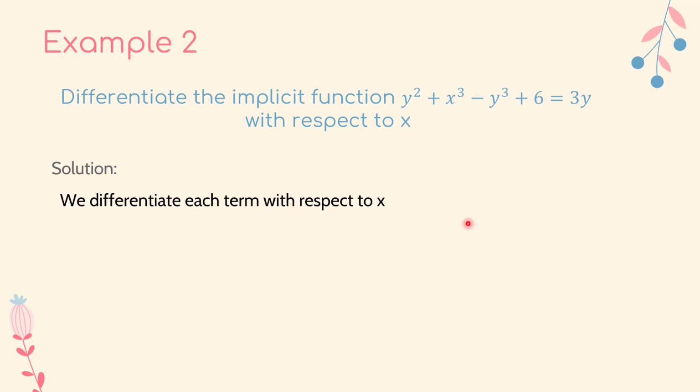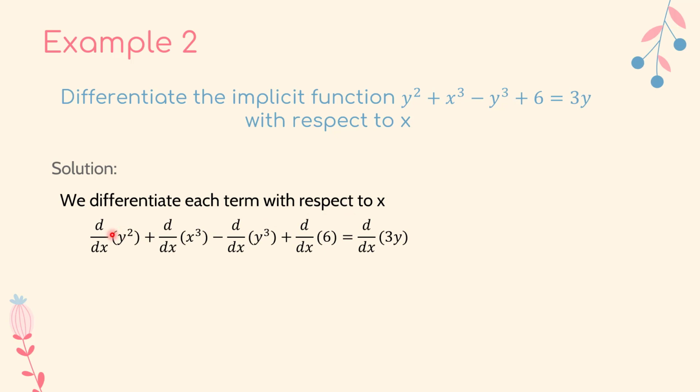Let's see example 2. Differentiate the implicit function y squared plus x cubed minus y cubed plus 6 equals 3y with respect to x. So now we will differentiate each term with respect to x. Here, we have d(y squared), and we differentiate it with respect to x, d(x cubed) differentiated with respect to x, and so on.